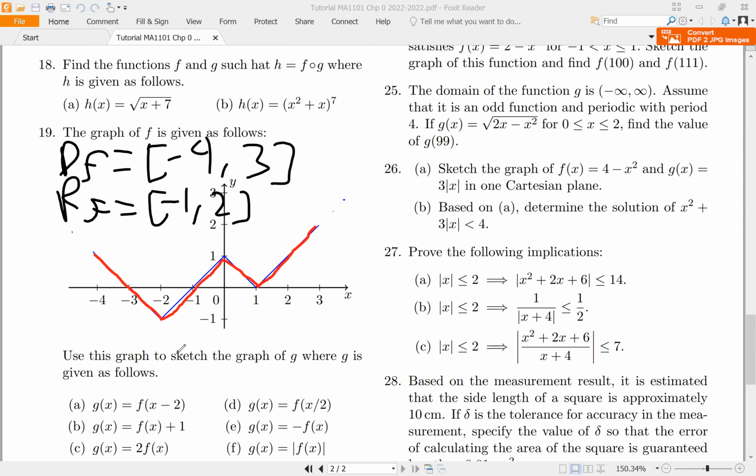Based on this information, we will consider parts A and B. If you consider part A, you may view this function G as a composite function of the function x minus 2 with f.